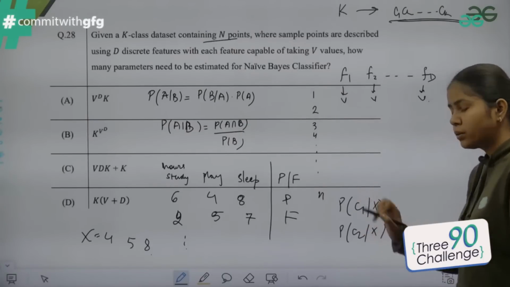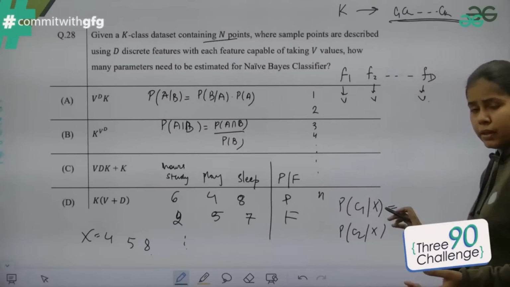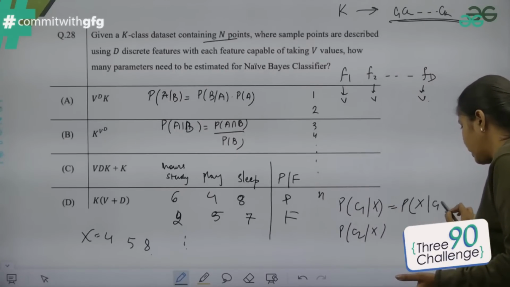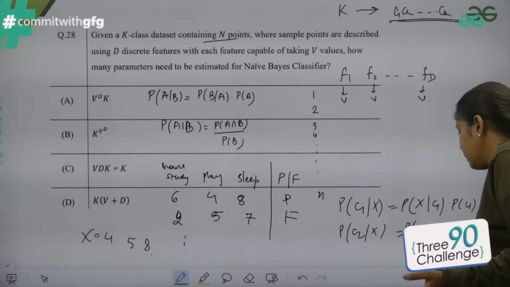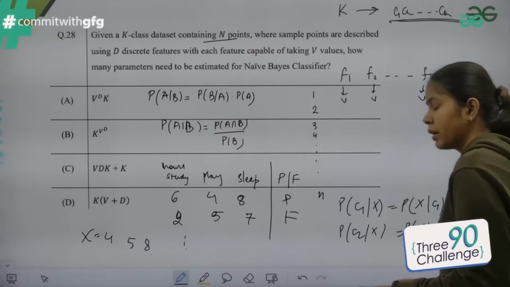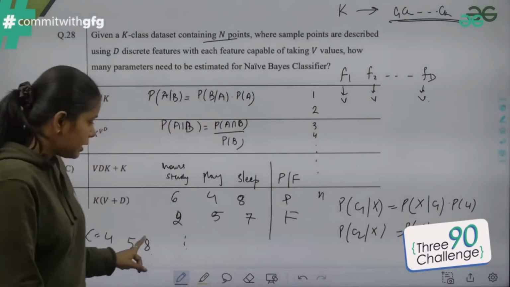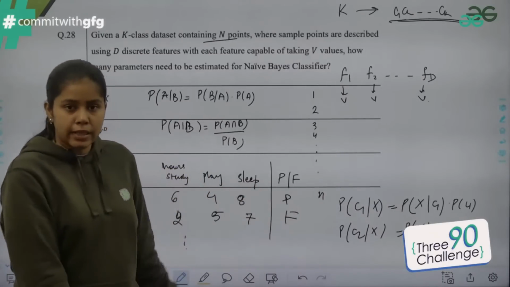And how do I find this probability? Because it's not possible for us to directly find this probability, I'll use Bayes theorem. So it would be probability of x given c1 times probability of c1, and probability of x given c2 times probability of c2, right? Now x given c1, I can divide into features because these three features are independent: X1 given C1, X2 given C1, X3 given C1.